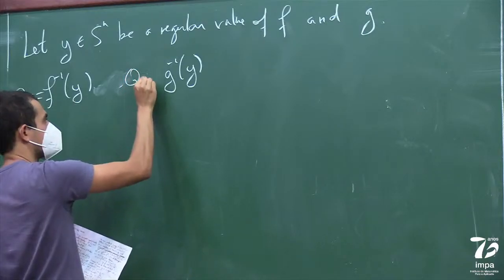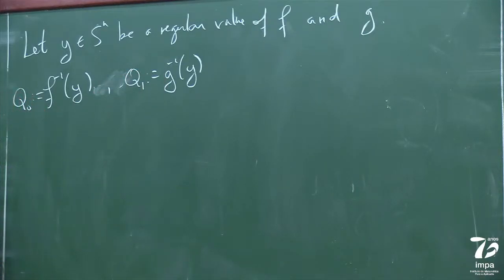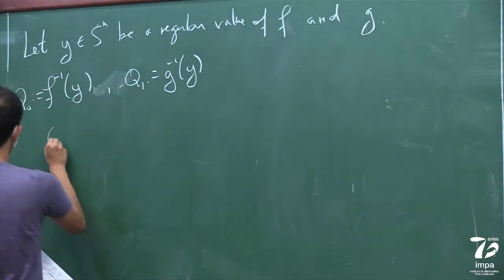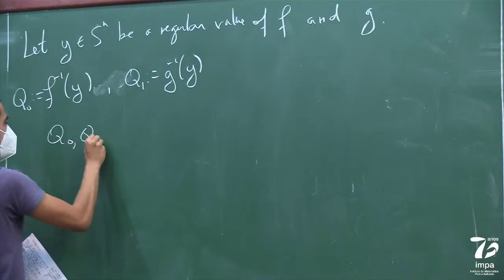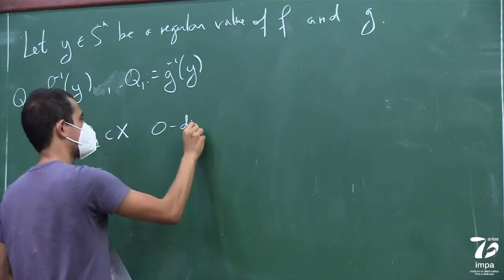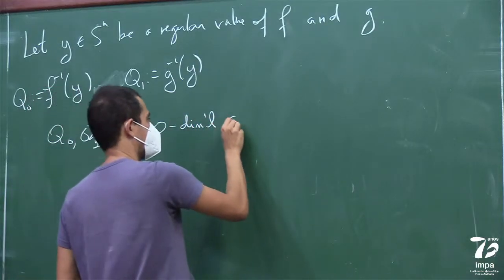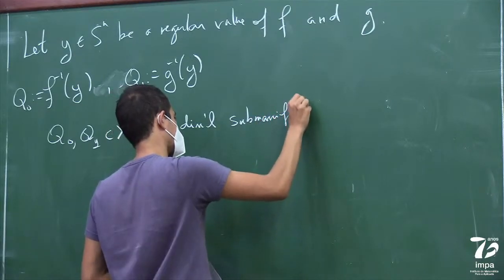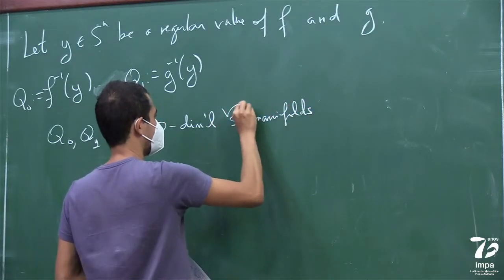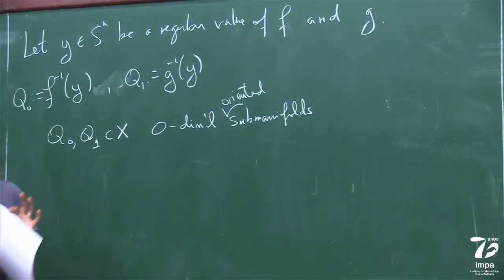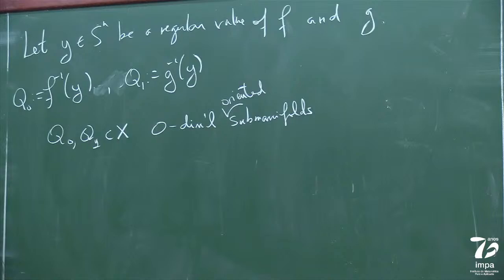Okay, so Q0 and Q1 are zero-dimensional submanifolds of X. Oriented submanifolds. So that means it's a finite number of points with signs, plus or minus.